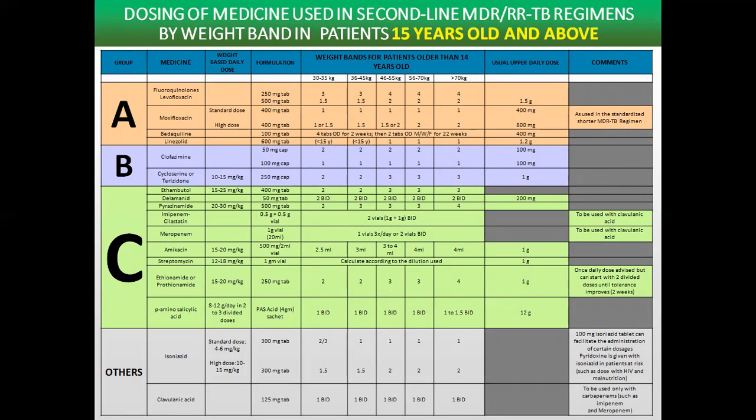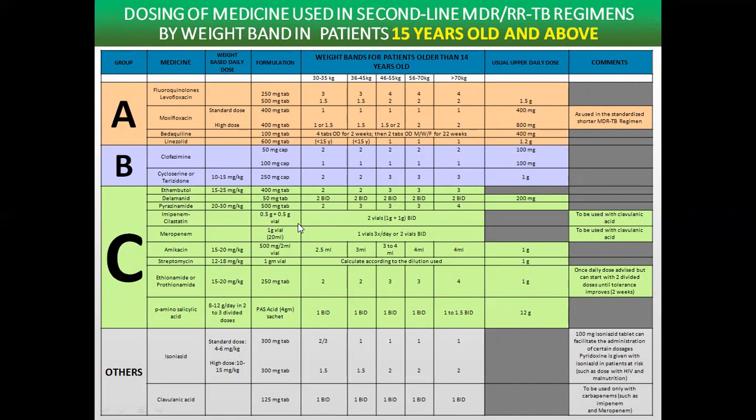For imipenem, ito na yung dapat na ibinibigay always as a companion to imipenem or as a synergistic drug together with imipenem yung ating clavulanic acid. But since we don't have the preparation na clavulanic acid lang, we give coamoxiclav.